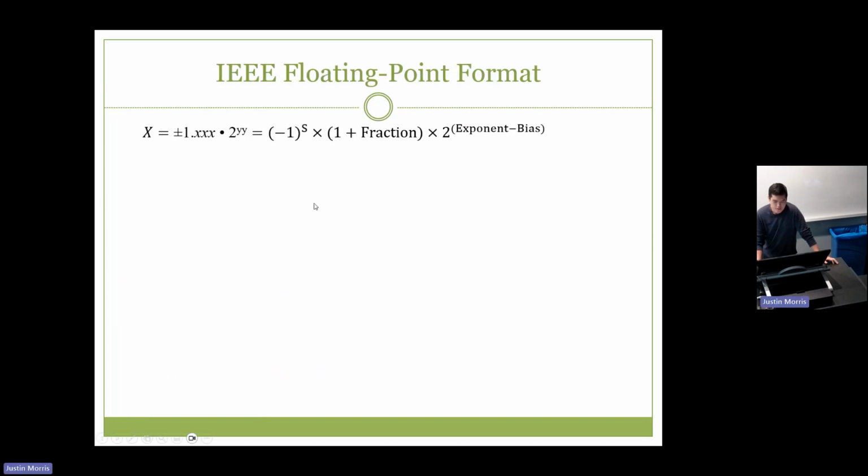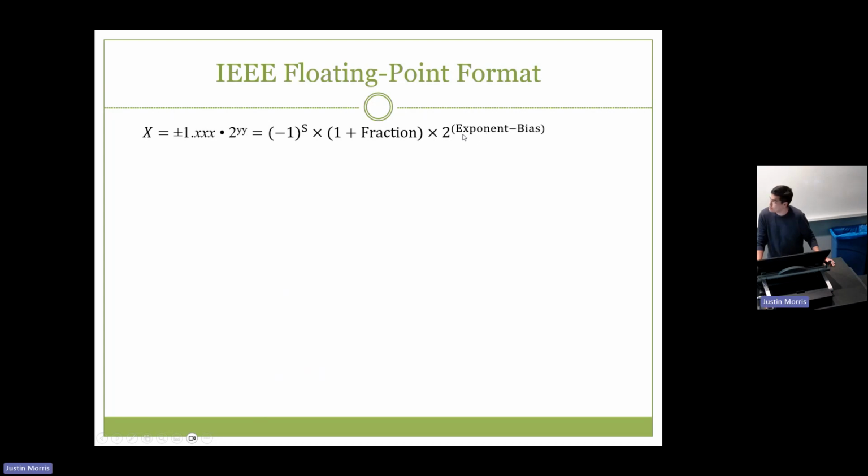So this is our equation again. We have the sign bit. If it's 1, it's negative, right? We have this implied 1, and then we add the fraction to that implied 1. And then we shift it by the exponent.